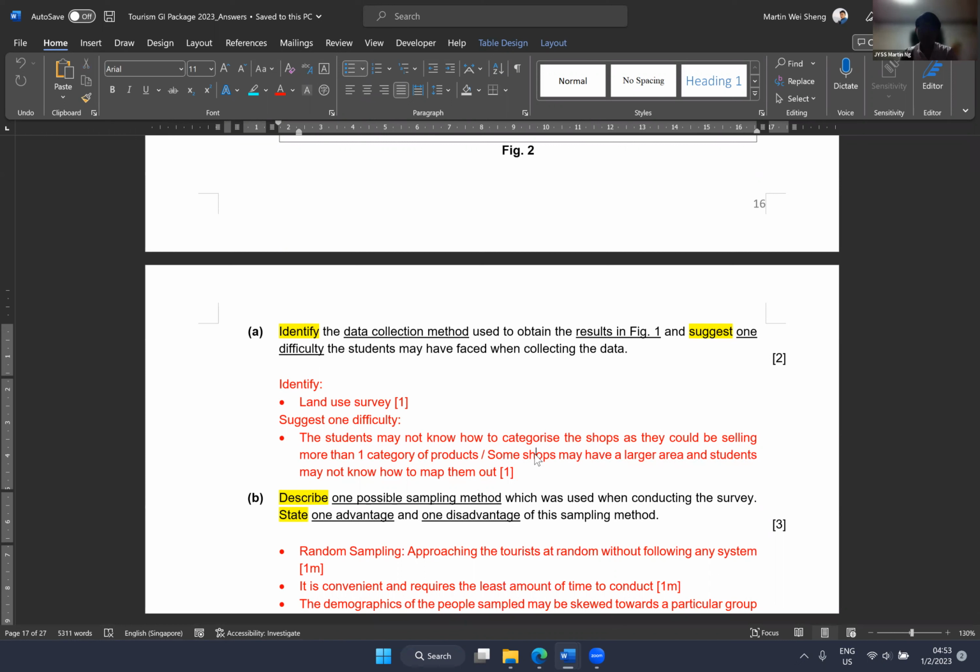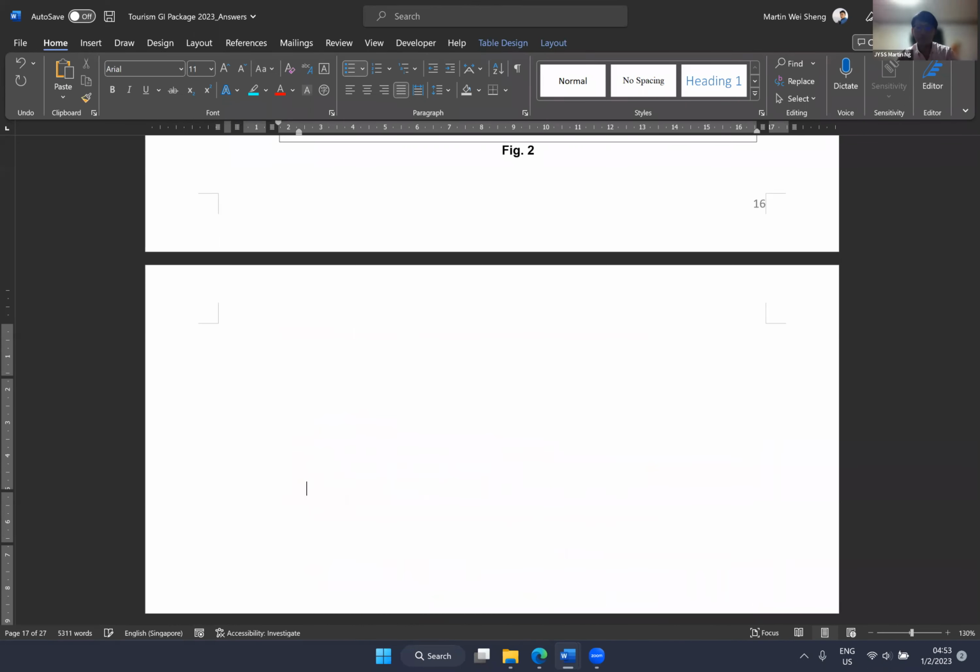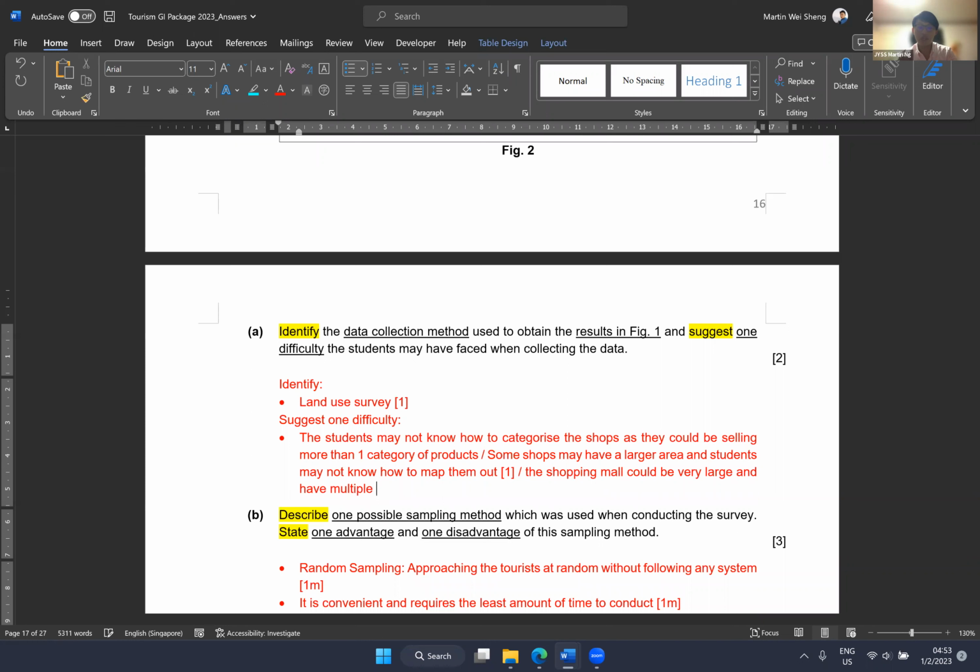Now, one possible answer could also be that the shopping mall is large and has multiple storeys, multiple floors. What is the difficulty with this?